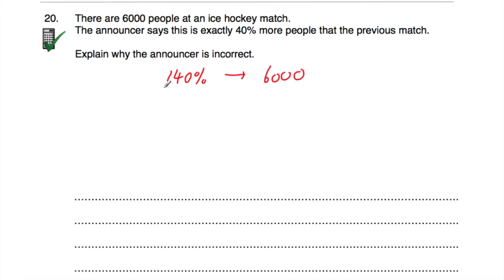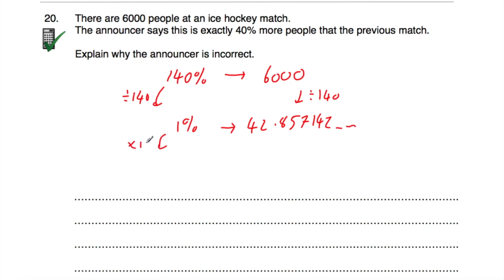Now, if we divide by 140 on both sides, we can find 1%. 140 divided by 140 is 1%, and 6,000 divided by 140 is equal to 42.857142, and so on. That's 1%, so now we times by 100 on both sides.